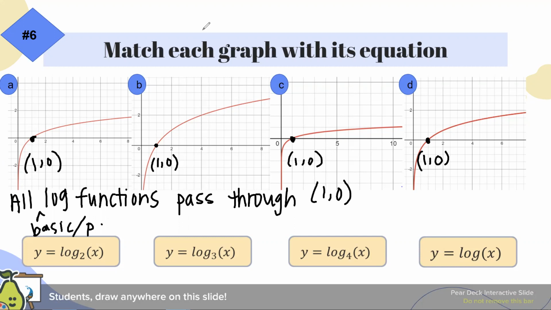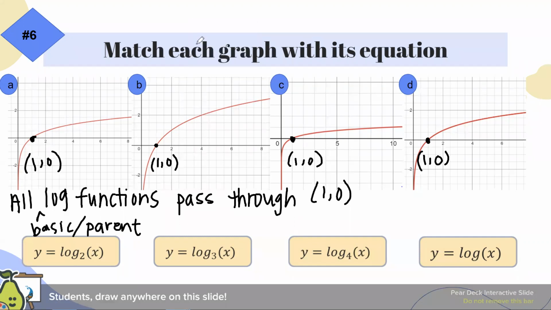What I mean by that is all parent log functions pass through (1, 0). If they have a horizontal shift, a vertical shift, or even a vertical stretch, then that number will be changed slightly. But all basic parent log functions pass through (1, 0), which will be helpful in the next question.